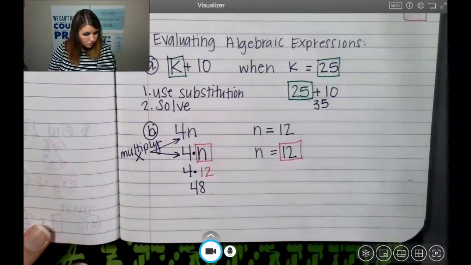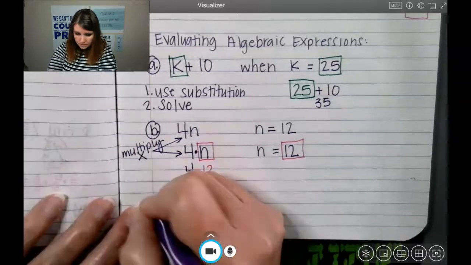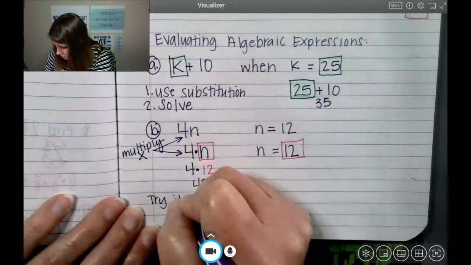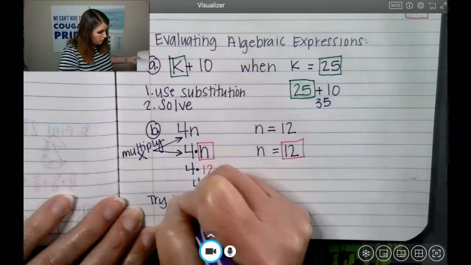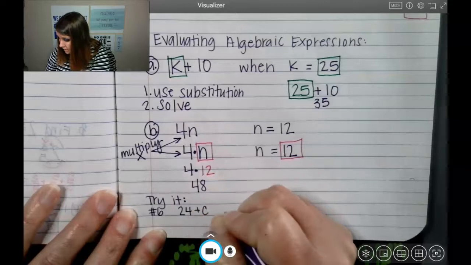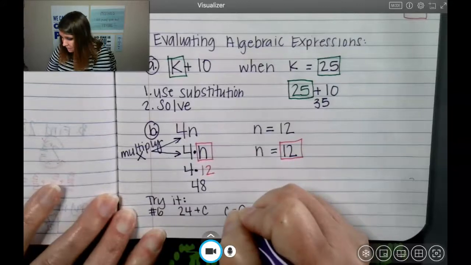All right, I want you to do a try it. Let's do 2 try-its. So you will do 2 try-its for me. Let's see here. Make sure that I am on the right page in my book. I want you to evaluate on number 6. Try-it number 6 says 24 plus c when c equals 9.